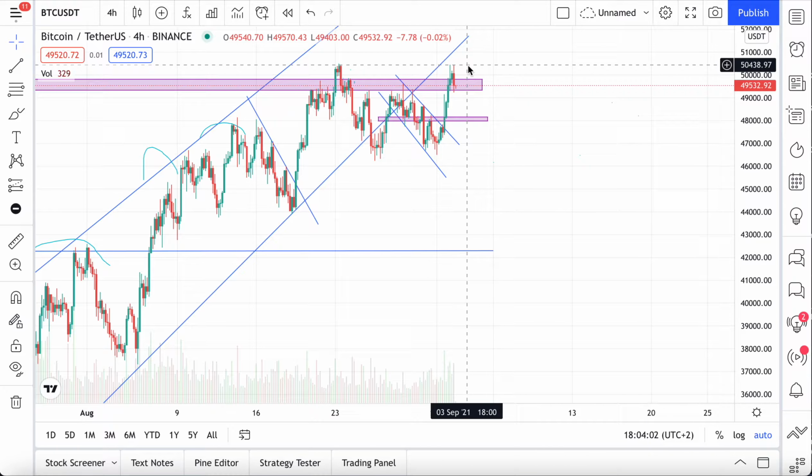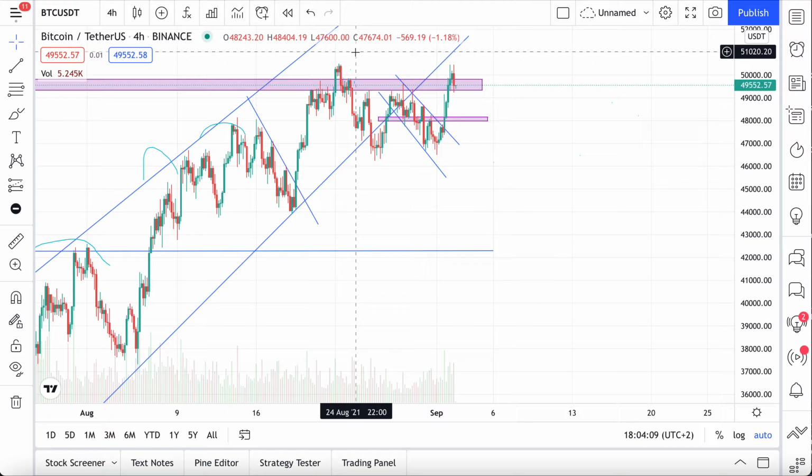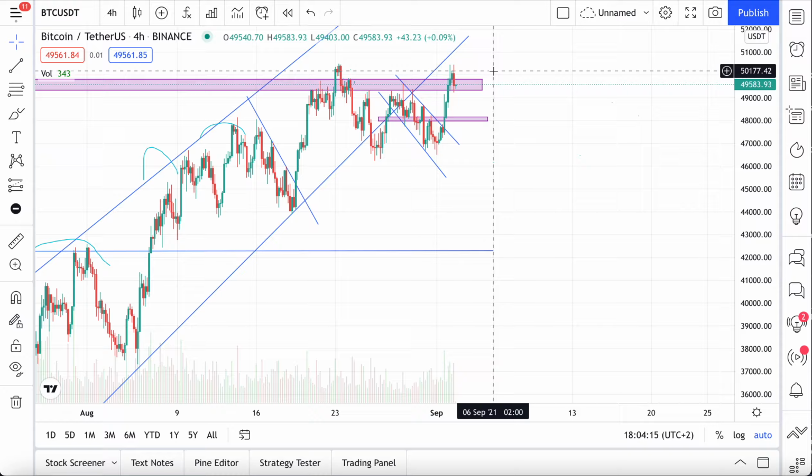It didn't reach the previous local high that we had. Actually, it was slightly higher, maybe $100 higher. It was 50,500. So guys, what I want to talk about right now, right here, okay, this is Bitcoin.